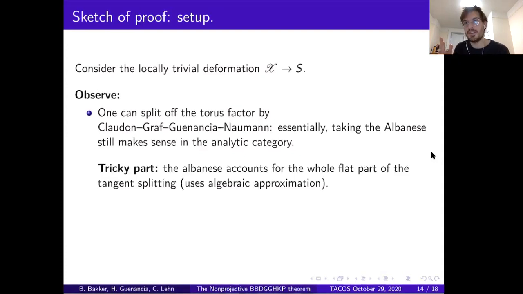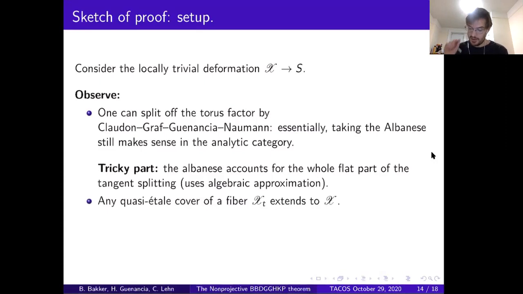The tricky part to prove is that when you take the Albanese, it actually accounts for the whole flat part of the splitting of the tangent sheaf into foliations, the holonomy splitting. This is something they do in their paper, and it uses the fact that the singularities can be approximated by algebraic singularities.